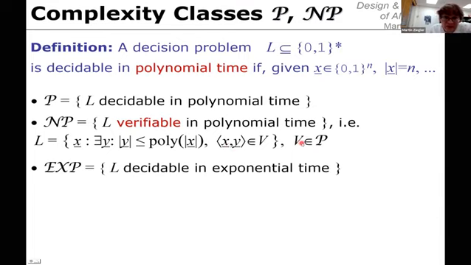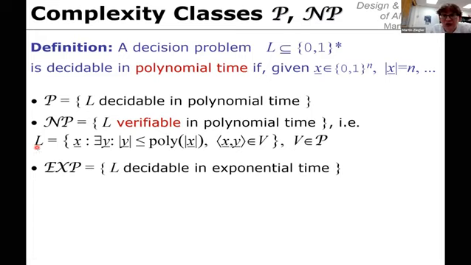So to define NP, we need two parameters. One is the verifier, the decision problem V, and the other is the polynomial bound. Different polynomial time bounds and different verifiers give rise to different decision problems that are, by the very definition, all in NP.